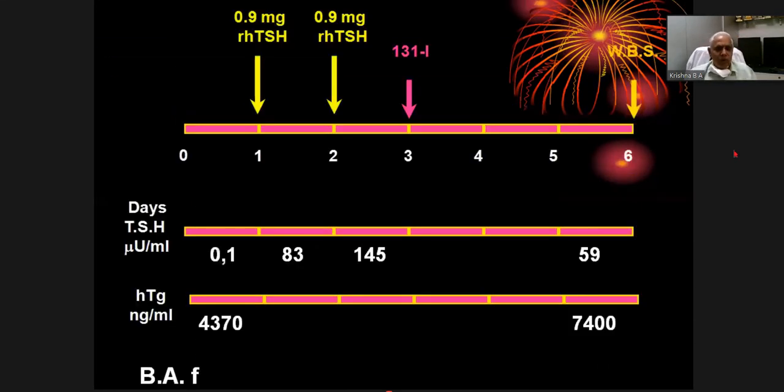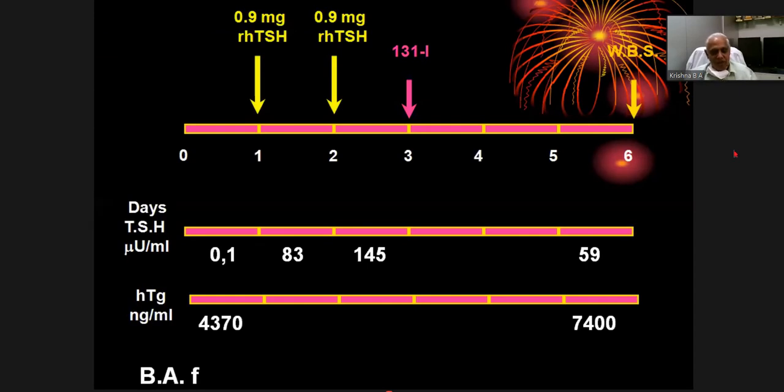You give 2 injections. On day 1, the RTSH is given, and after 1 injection the TSH rises to 80. Then when you give the second injection, it rises to 145.